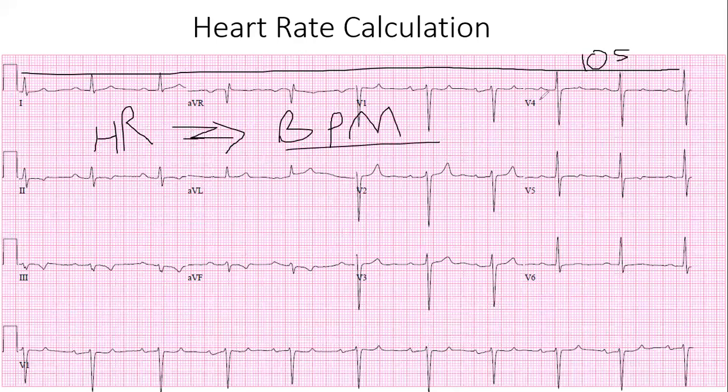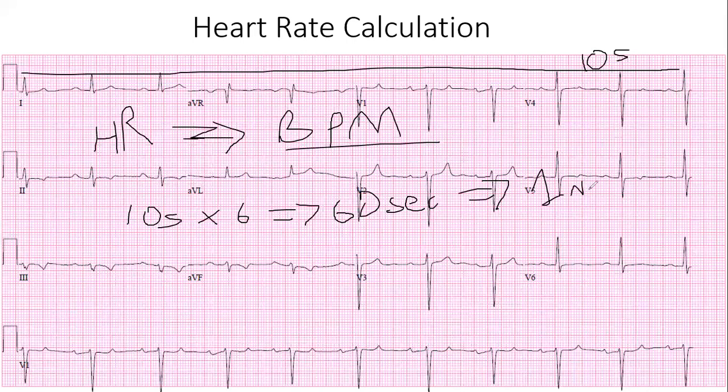So in order to convert that into minutes, all we need to do is say 10 seconds times 6, because 1 minute equals 60 seconds. So that's a minute, which means that when we calculate heart rate, we're going to use this 6 to multiply. That's just for us to convert our rate into beats per minute.